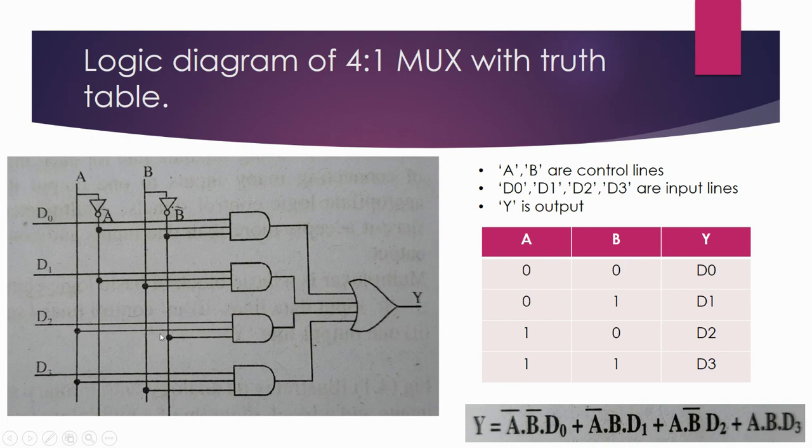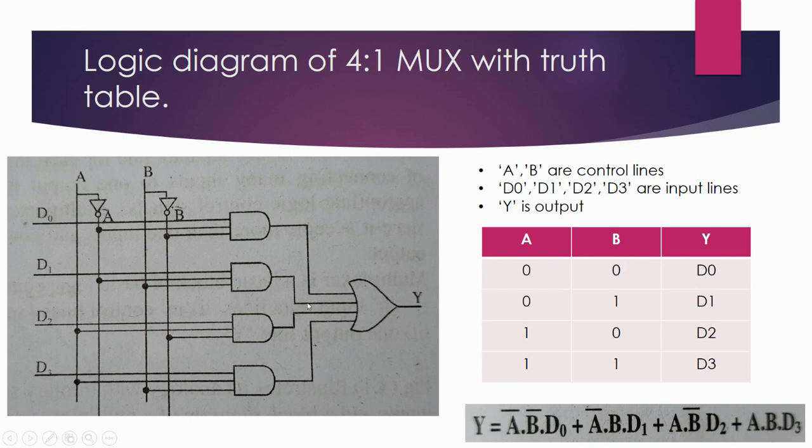Automatically, if any input to the AND gate is 0, the output becomes 0. In the same way, that same 0 has been passed to the other AND gate.